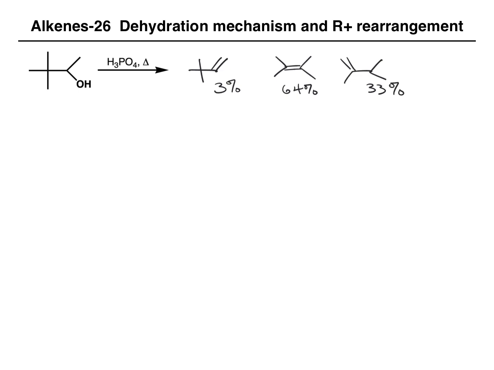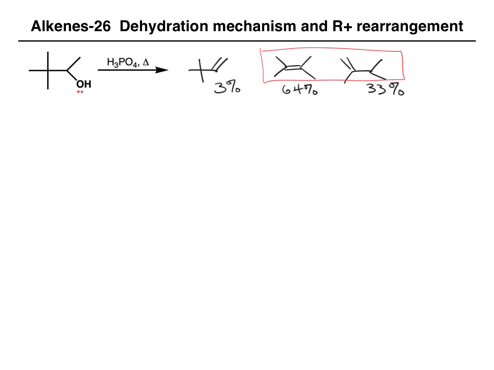Now, what you should notice is that these two products have a different carbon skeleton compared to what we started with. And so we propose that this reaction proceeds through a carbocation intermediate. The carbocation intermediate is consistent then with the possibility of a carbocation rearrangement, which would lead to a different carbon skeleton. So let's think about the mechanism.